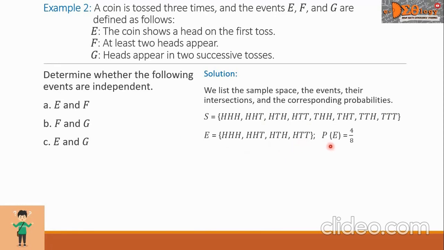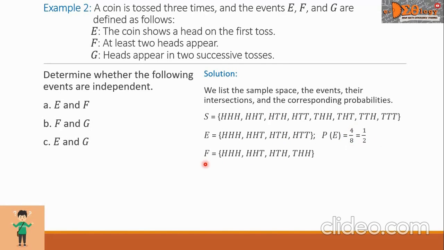The probability of E equals 4 over 8. We write here 4 because there are 4 possibilities in the event E. And the denominator is 8 because there are 8 possibilities in the sample space. We can reduce this to lowest term, so 4 over 8 equals 1/2.